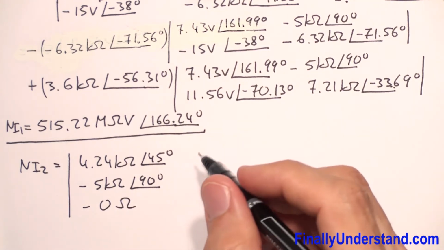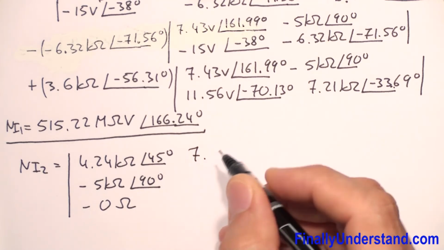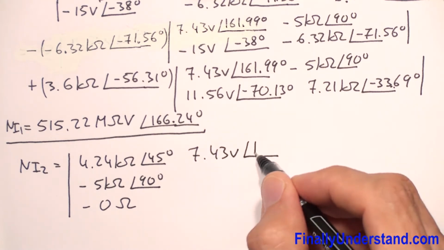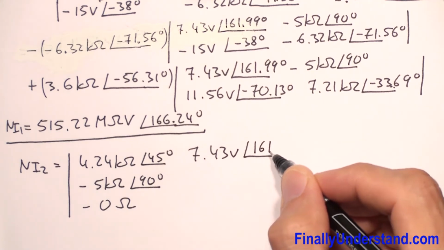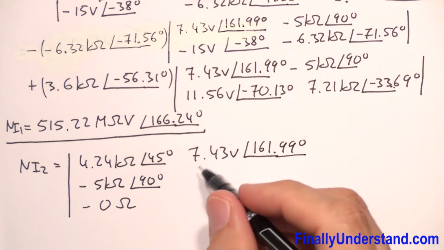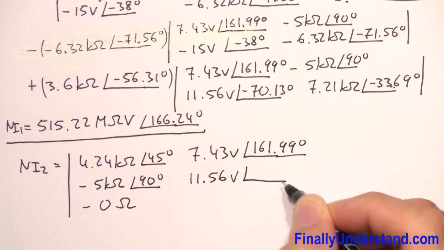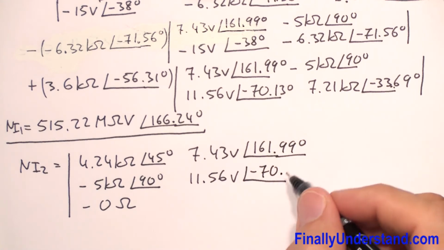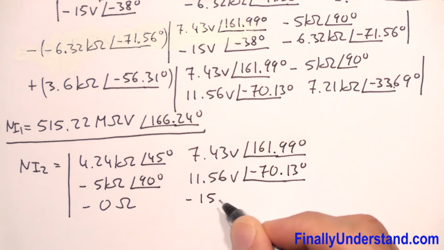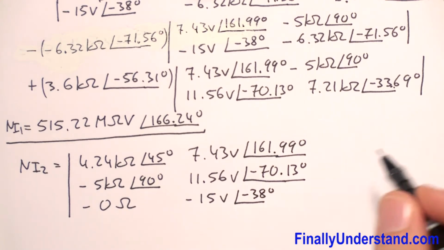Okay, so I have my second column: 7.43 volts, an angle of 161.99 degrees, and I have 11.56 volts, an angle of negative 70.13 degrees, and I have negative 15 volts, an angle of negative 38 degrees.